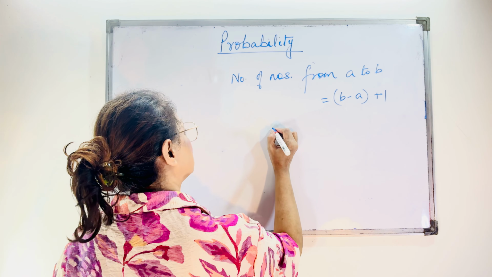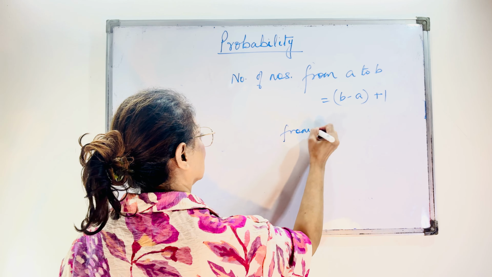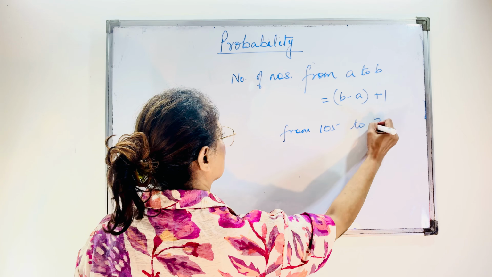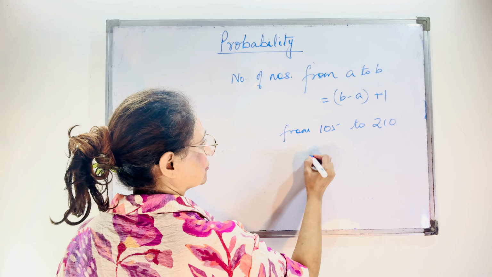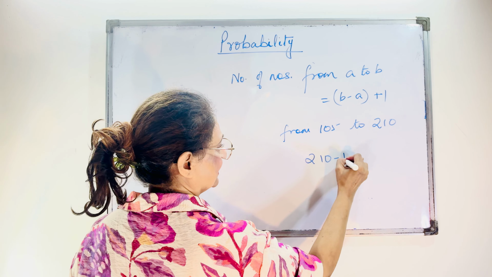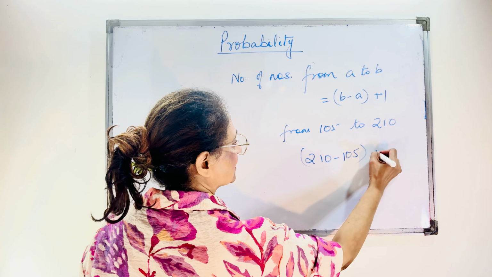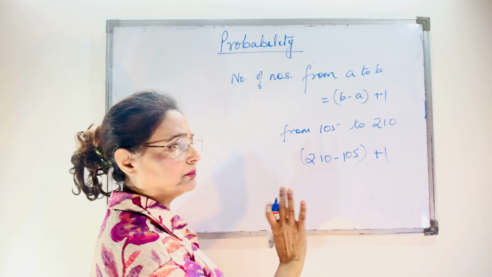So if I say the number of numbers from 105 to 210, how many will be there? It would be 210 minus 105 plus 1. Those many numbers will be there.